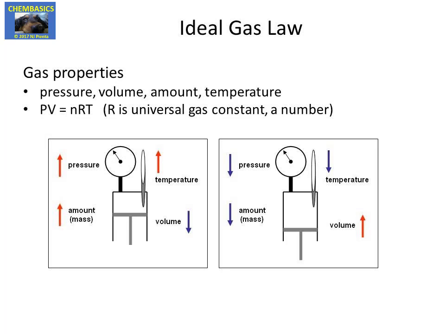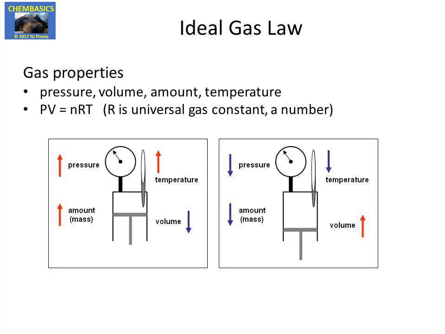And so there's a proportional relationship between pressure and temperature and amount, and an inverse proportional relationship between pressure and volume. So pressure goes up, volume goes down if the other variables are not changed.